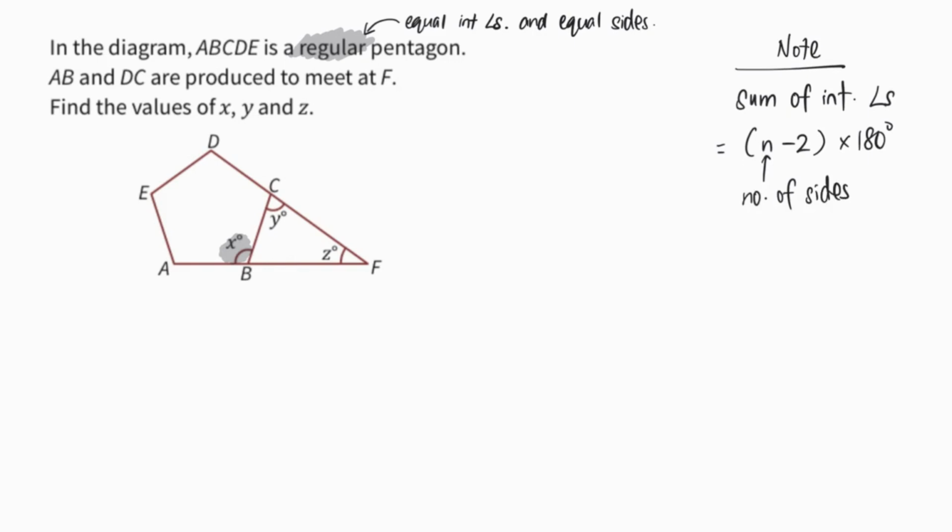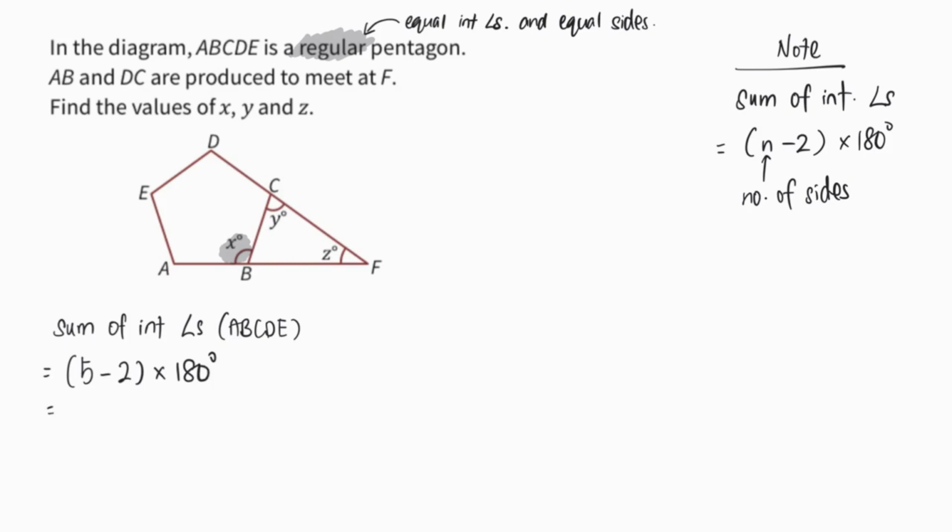So in this case, the sum of the interior angles for the pentagon ABCDE, a 5-sided figure, is 5 minus 2 times 180 degrees.